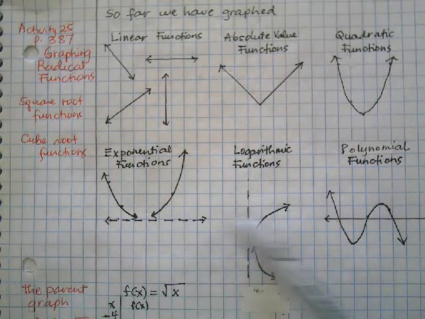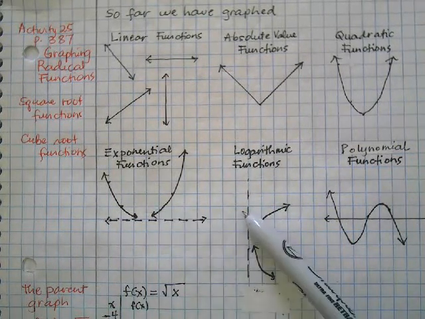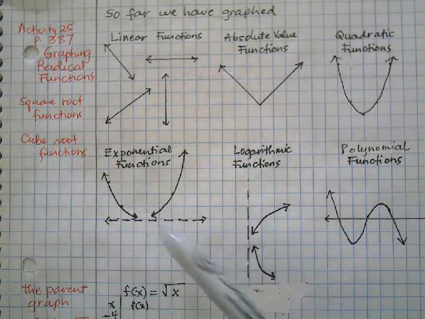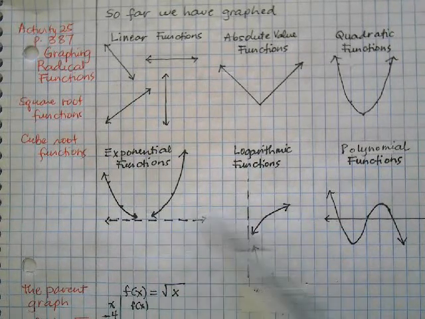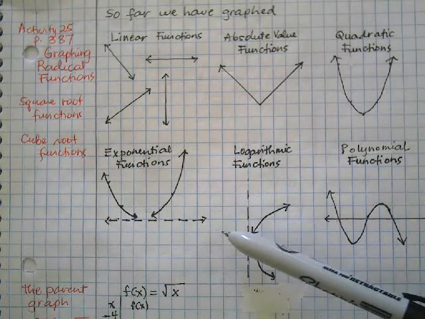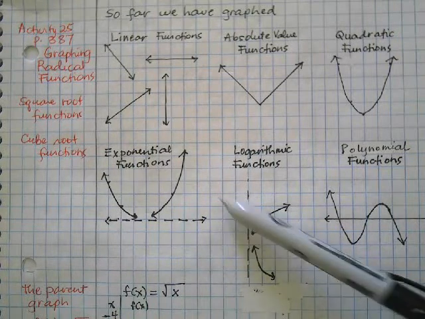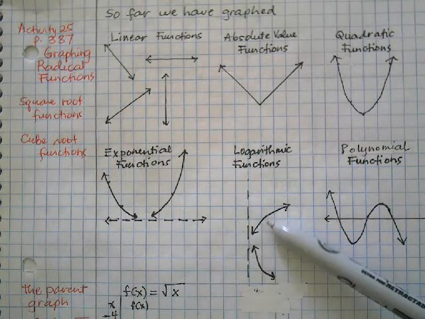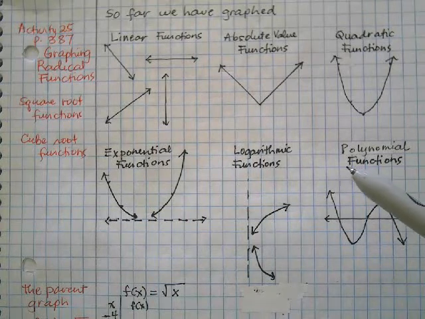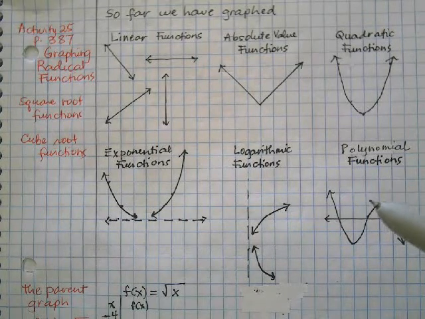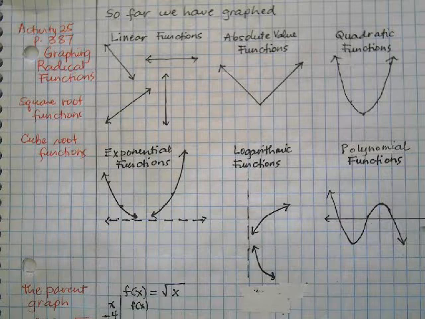And these two are inverse functions. You just invert the x and the y. So now we're going to study how to graph square root functions and cube root functions.